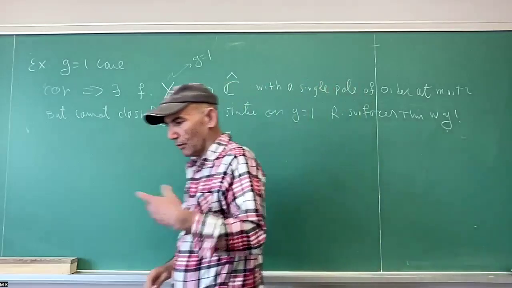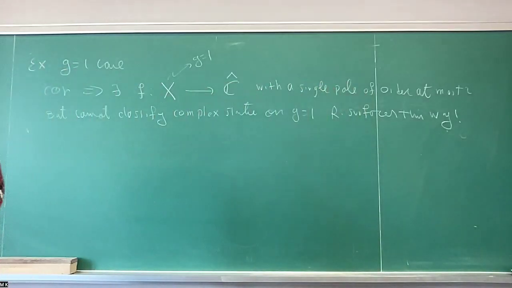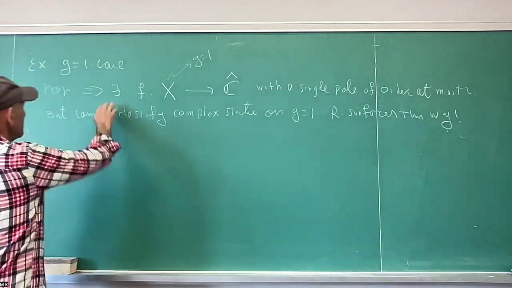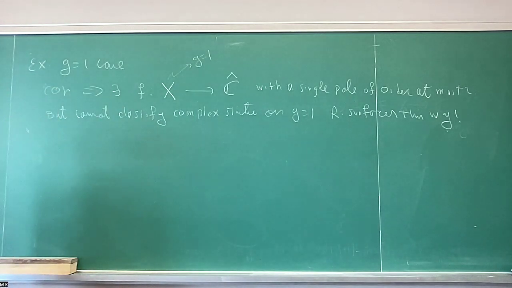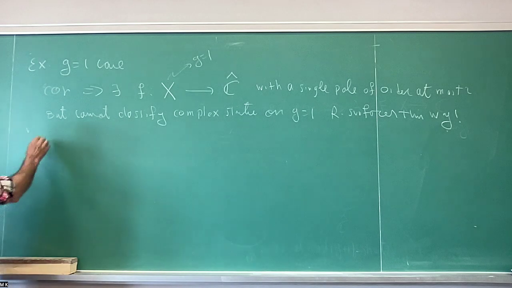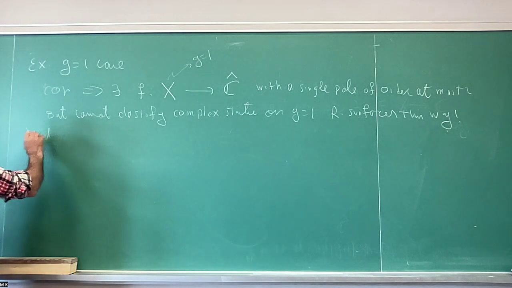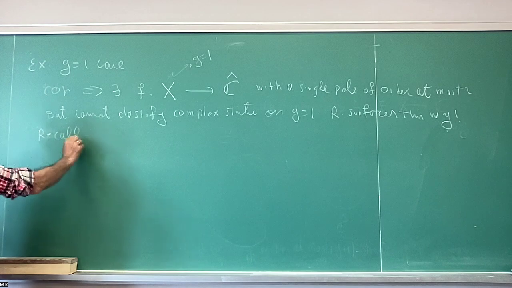I will develop the Abel-Jacobi map today, and the Jacobian of curves, that will settle this question in the genus 1 case, but that needs a more elaborate theory, which we'll develop later today. But there is an example. Recall we had an example of this.